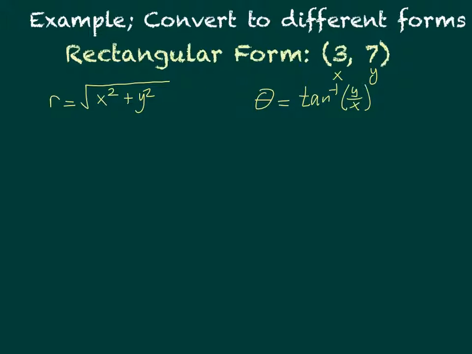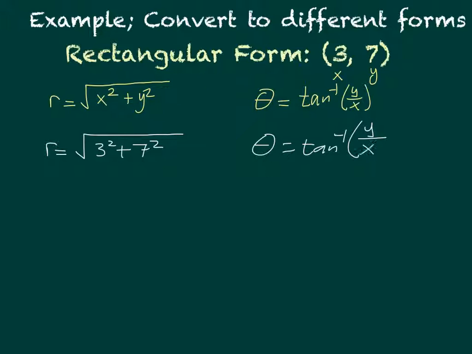So now if we plug in what we know, that r equals the square root of 3 squared plus 7 squared, and theta equals the inverse tangent of y over x, where my y is 7 and my x is 3.